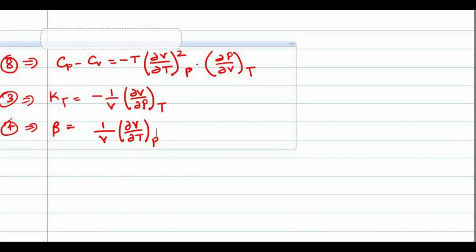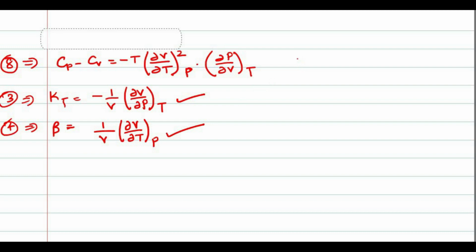We know that the equation 8 is given by Cp minus Cv is equal to minus T into dou V by dou T the whole square, so this is at constant pressure, into dou P by dou V at constant temperature. This is isothermal compressibility and this is volume expansivity. So up to this we have derived. So from this equation we have to write what is dou P by dou V at constant temperature.